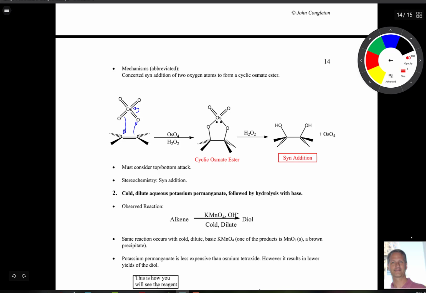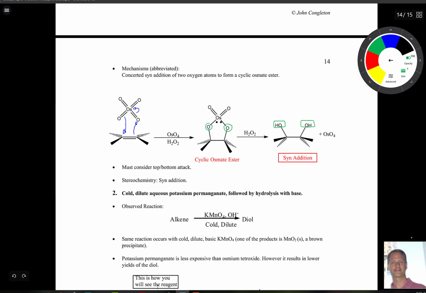So what we're going to form here is something called a cyclic osmate ester. So you can see here that the oxygens are kind of added right on the same side, so you get that syn addition. And the removal of that is not something that we're going to talk about, the second step with hydrogen peroxide here.